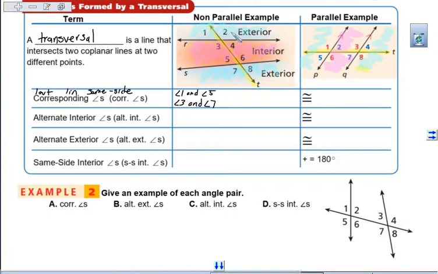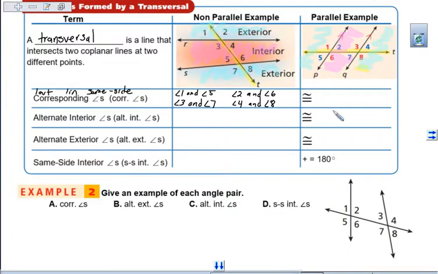Another set, one outside, one inside on the same side of the transversal, we've got angle 2 and angle 6. Next one inside, one outside, angle 4 and angle 8. So when you have two lines getting intersected by a transversal, corresponding angles are the only ones that have 4 sets of angle pairs.